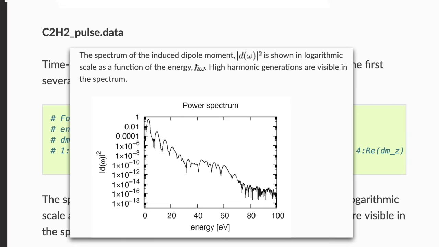The vertical axis, the 10th column, is the square of the magnitude of the dipole moment in the z direction after the Fourier transformation. Many peaks appear at odd multiples of the fundamental frequency of 3.1 eV. This is called high harmonic generation.